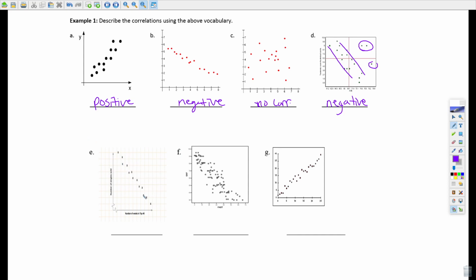E, definitely going down again. So this is negative. F, going down again, negative. And the last one would be going uphill, so that's positive. Pretty simple.